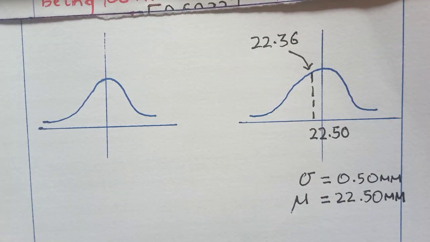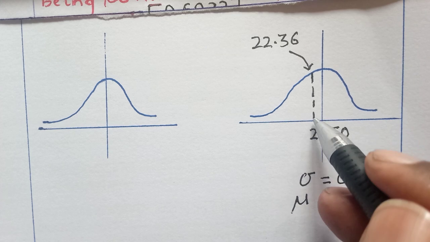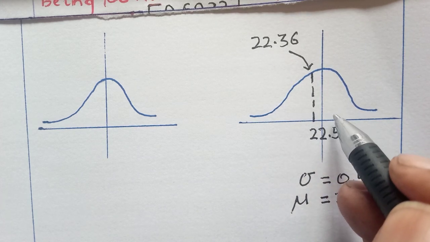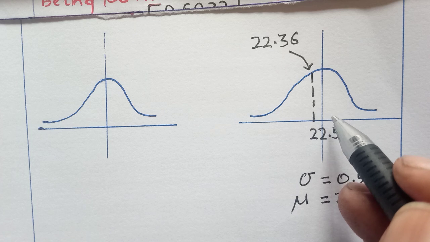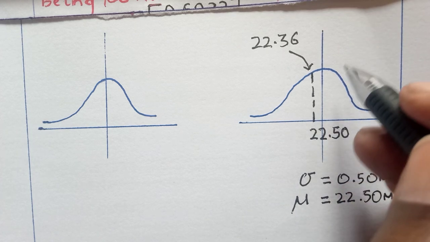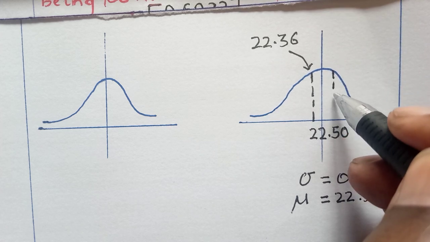And then we are told the allowable limit is 22.36 plus or minus. So we look for plus, which is this side. That will be 22.36 plus 0.53.